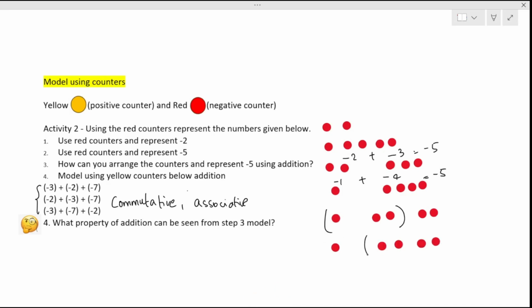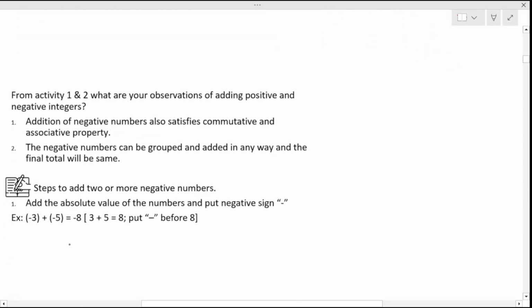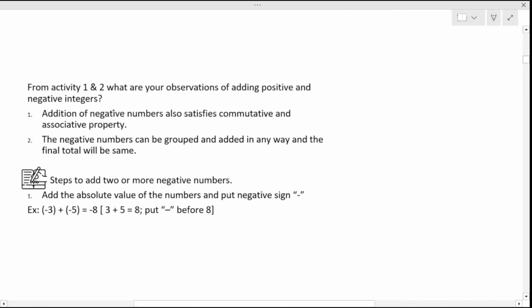So the associative property also works with negative integer addition. You can mark these two properties as important points in the math journal: addition of negative numbers and positive numbers both satisfy the commutative and associative properties, and negative numbers can also be grouped in different ways.